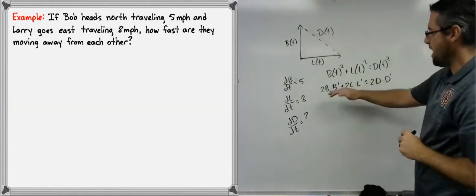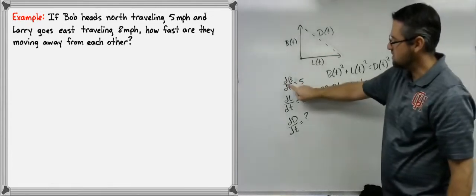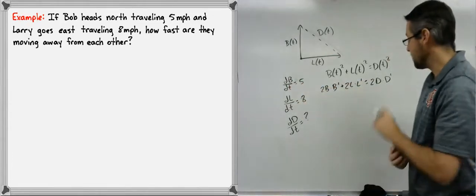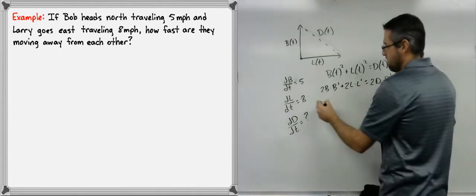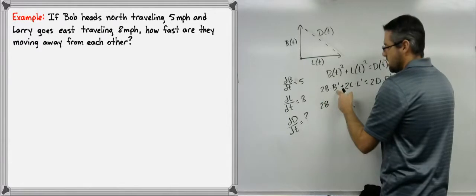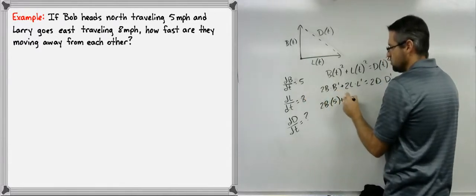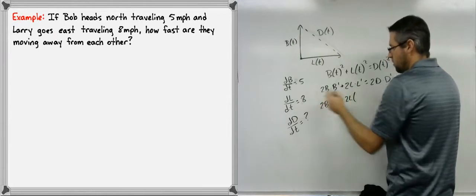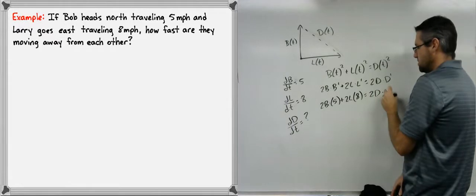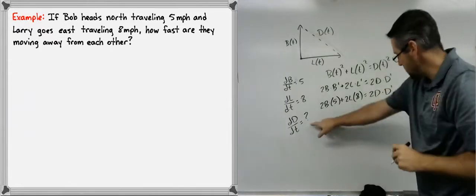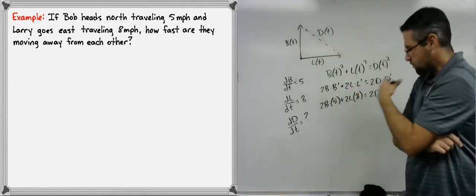So now I have an equation, a relationship somehow, that relates my rates together, okay? Now maybe I can plug things in and see what I end up with. Well, I've got 2b times b prime. B prime is 5, so I'll plug that in, plus 2l times l prime, which is 8, and then 2d times d prime. And the question is, what is d prime? But we notice that we have a problem here.